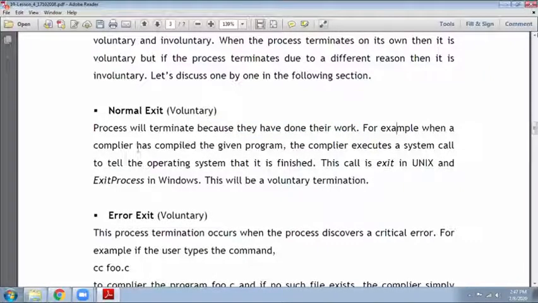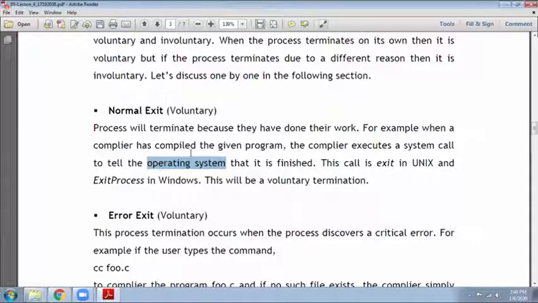For example, when a compiler has compiled the given program. When you write source code, you compile. Once the compiler process has finished, it's done. The compiler executes a system call to tell the operating system that it is finished. A computer is not an intelligent one, you have to tell it everything. So the compiler should send a system call to the operating system saying my job is finished.